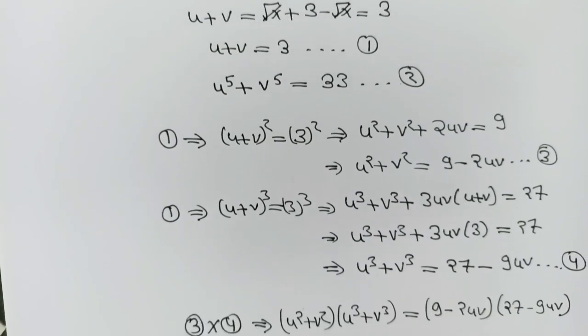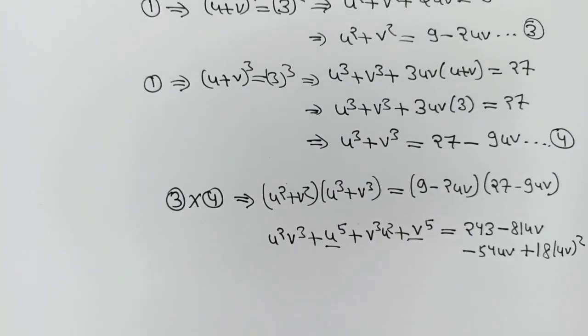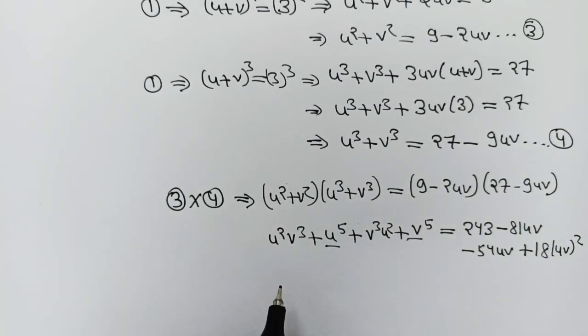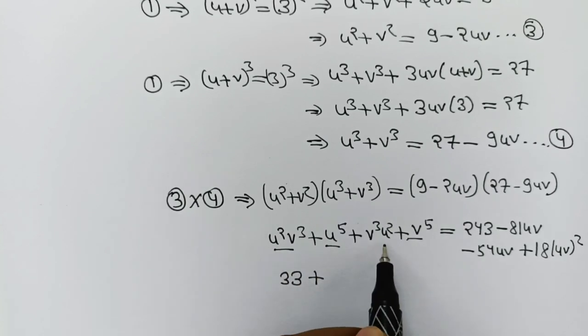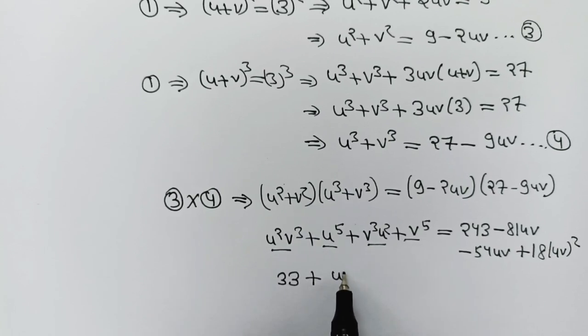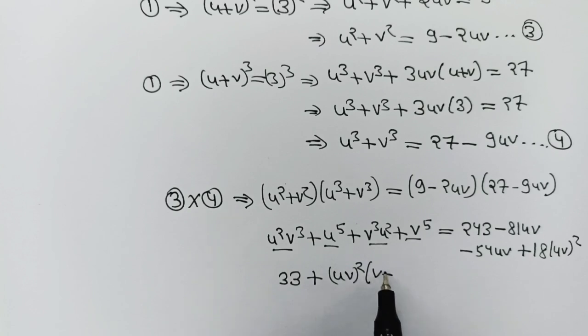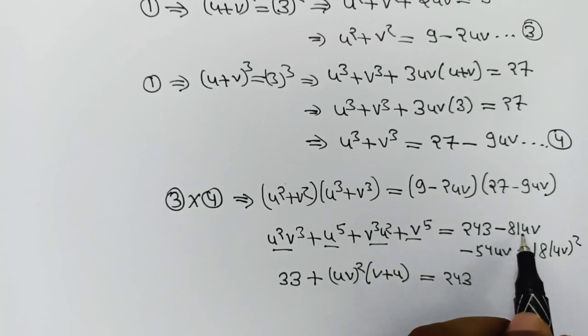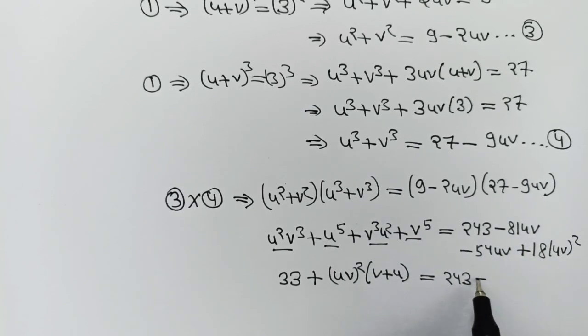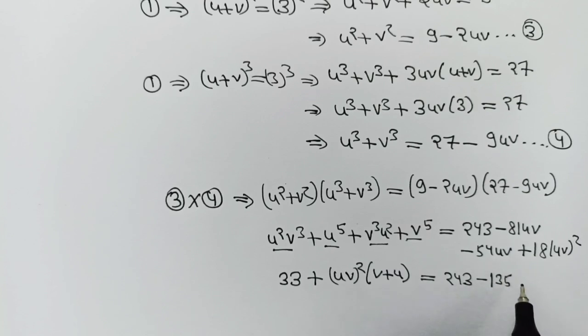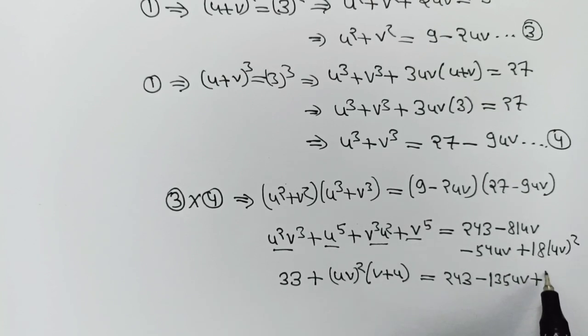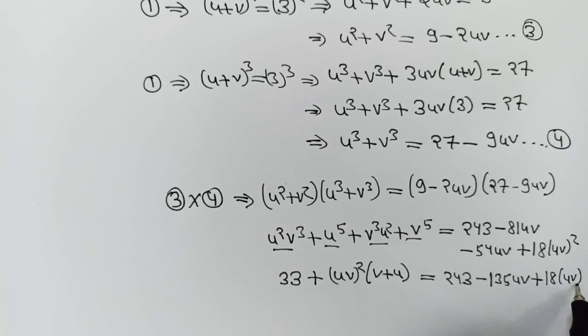So we replace this value, that means u^5 + v^5 is 33 plus, and from these two values taking (uv)² as common, the rest part will be v + u, which is equal to, here we have 243, and minus 81uv minus 54uv is minus 135uv and plus 18u²v².